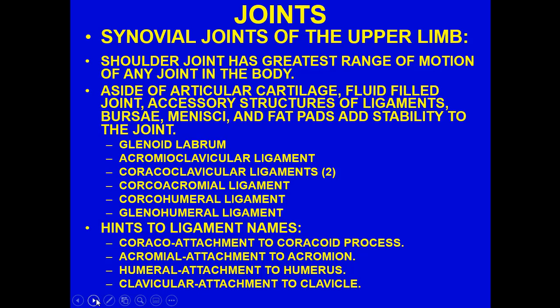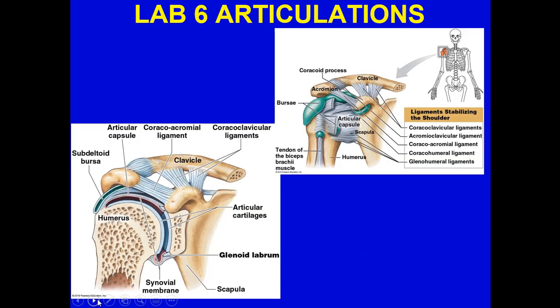Now, hence the legitimate names. This is where people get really confused, so I'm going to give you a couple of helpful points. When I say coraco, this is an attachment to the coracoid process. Acromial is an attachment to the acromion. Humeral is an attachment to the humerus, and clavicular is an attachment to the clavicle.